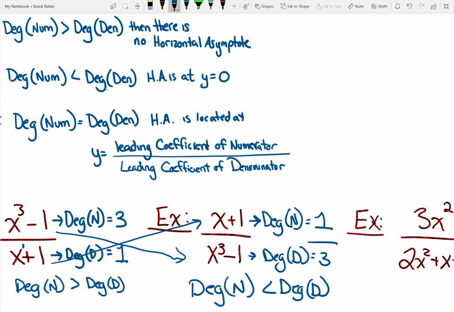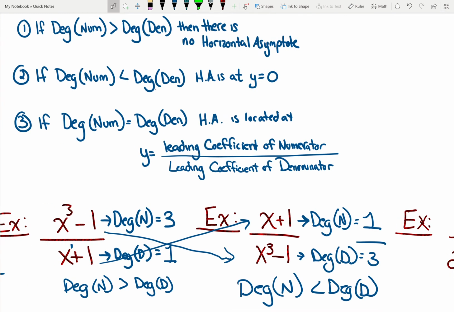Let's go back to our rules and look at which one really applies to this question. Well, if the degree of the numerator is less than the degree of the denominator, we use rule 2. We say that the horizontal asymptote is located at y equals 0. So if they ask you where the horizontal asymptote is located, we would say at y equals 0. Why? Because the degree of the numerator is less than the degree of the denominator.